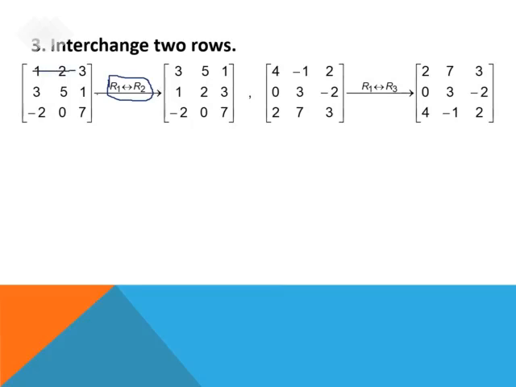So row 1 will become here, and row 2 will become row number 1. Same as this one, row 1 interchange with row 3. As you can see, this one becomes here, and this one becomes there.